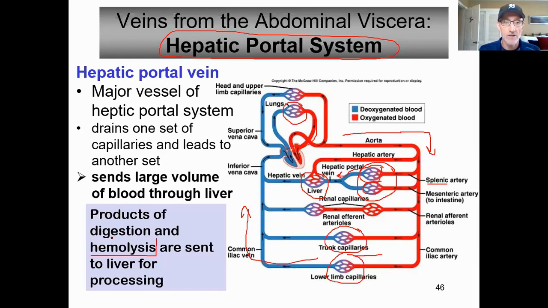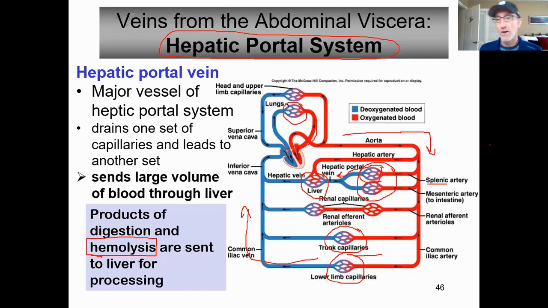Can anybody remind us what hemolysis is? Is that when they make the blood? The opposite of making, it's when the red blood cells are broken down. So remember, red blood cells are constantly being broken down as they wear out. That is called hemolysis. That happens in the spleen.